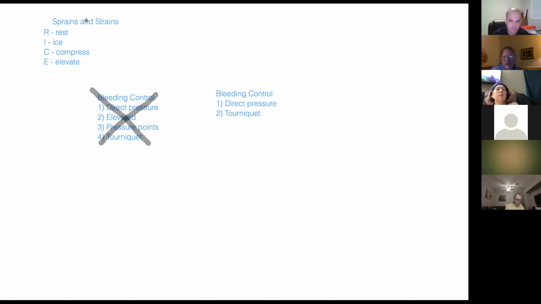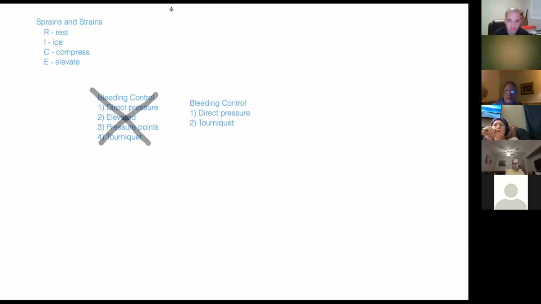So the book's kind of contradicting itself. Yeah, Dean, what page are you on? The second one is listed under RICE on page 419, and then on 420, treat any open soft tissue injury with the following: control bleeding, irrigate, and so on.